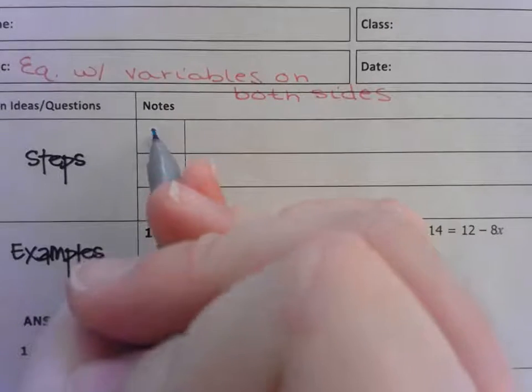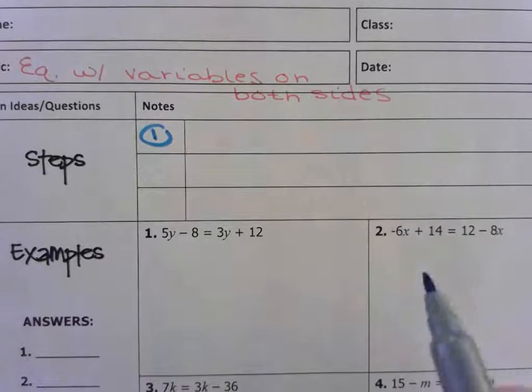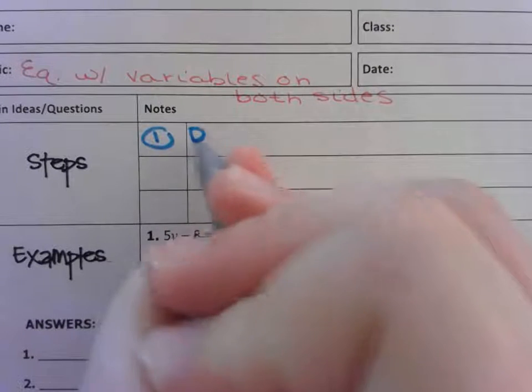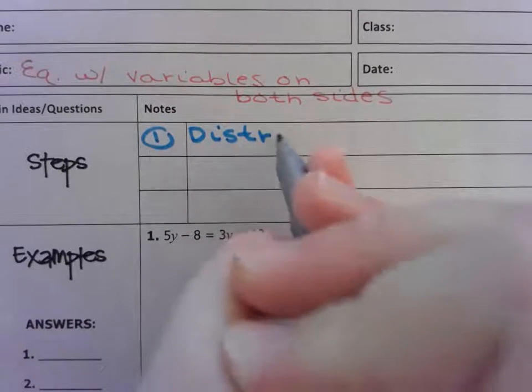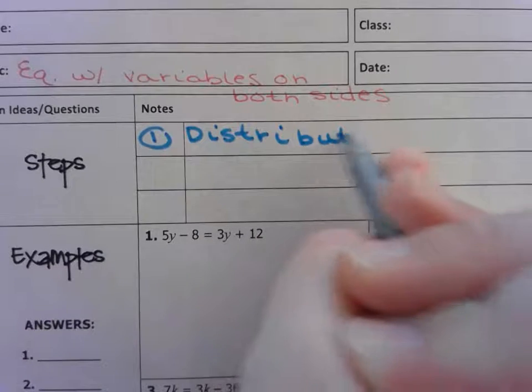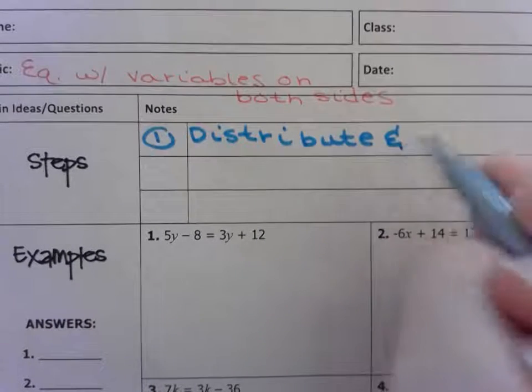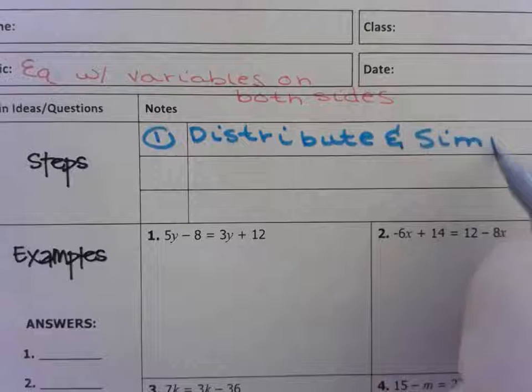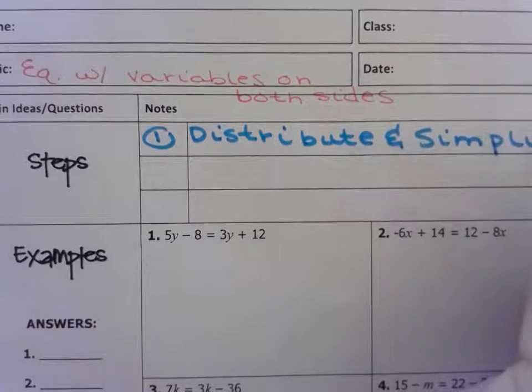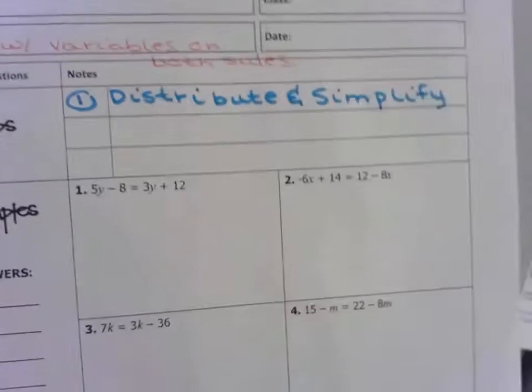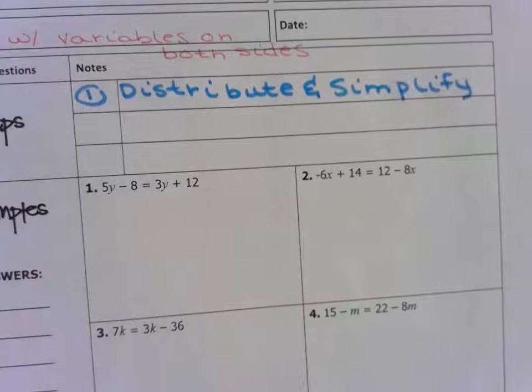So step 1, like we talked about on Wednesday, we need to distribute and simplify. You need to distribute and simplify before we start moving things over to each side.